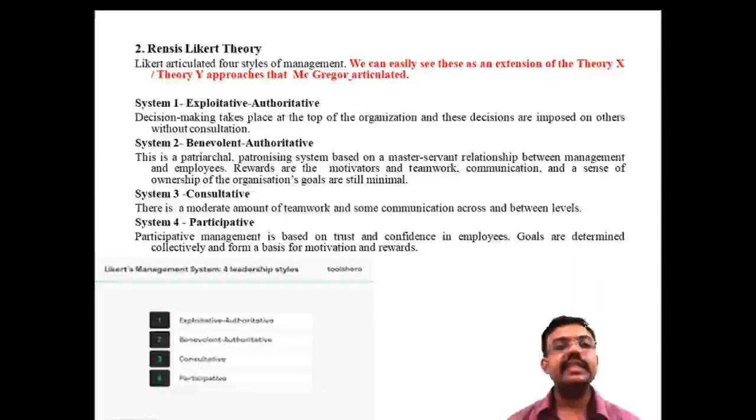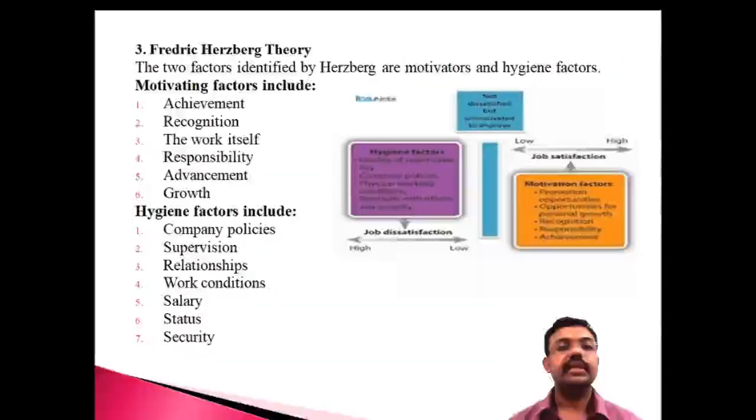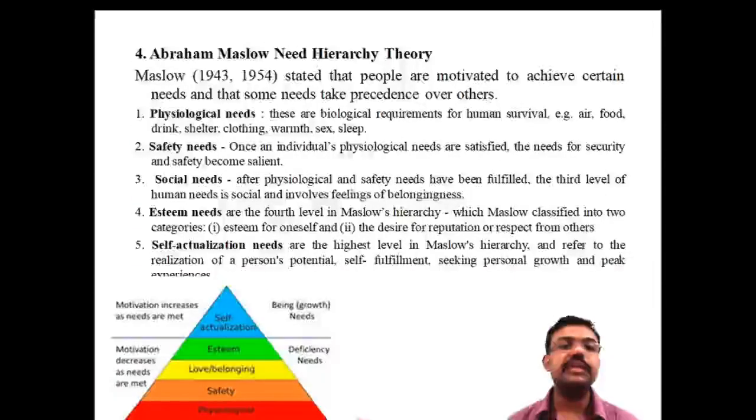And Rensis Likert articulated four styles of management: exploitative authoritative, benevolent authoritative, consultative, and participative. Frederick Herzberg has two important factors, the motivation factor and the hygiene factor. And finally Abraham Maslow's need hierarchy theory: physiological, safety, social, esteem, and self-actualization needs.